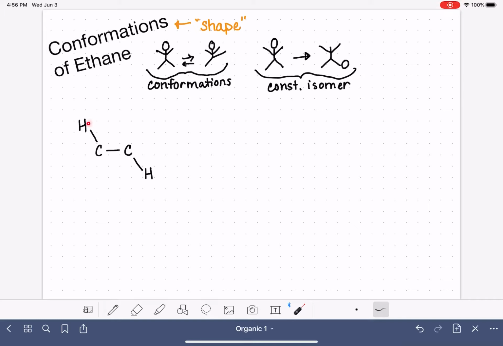So you should be able to set this down on the table, and all four of these atoms are going to be flat. And again, that might require you to twist one of these carbons a little bit to get the hole for the attachment to the hydrogen lined up just right.